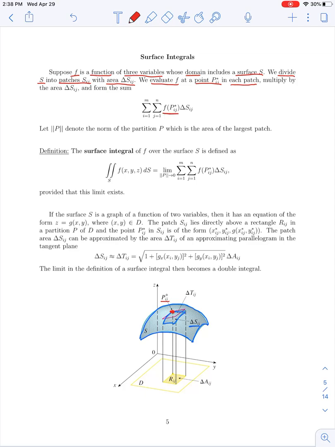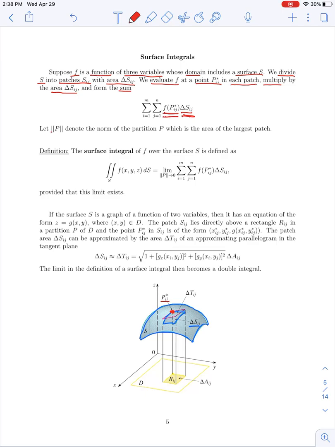And then we multiply that value of our function at the chosen point by the area of that patch, delta S sub ij, and then we will form a Riemann sum. Here we're going to sum over all possible i and j values. That is, we're summing over all the different sub-patches, S sub ij.